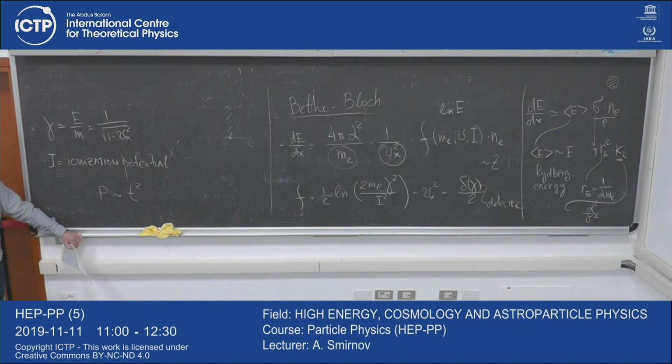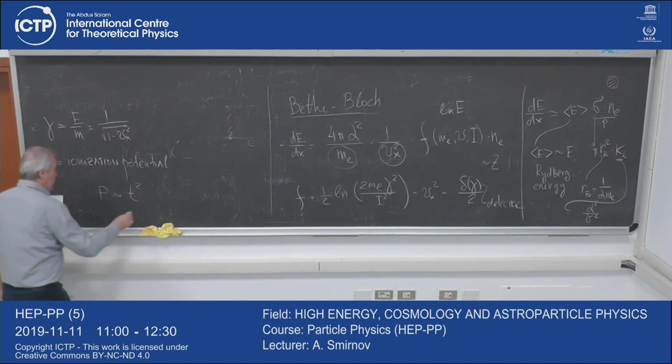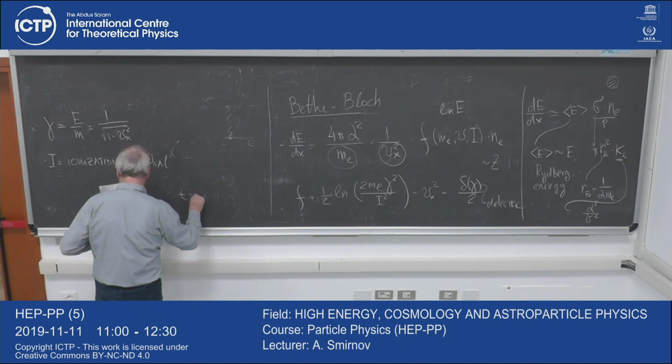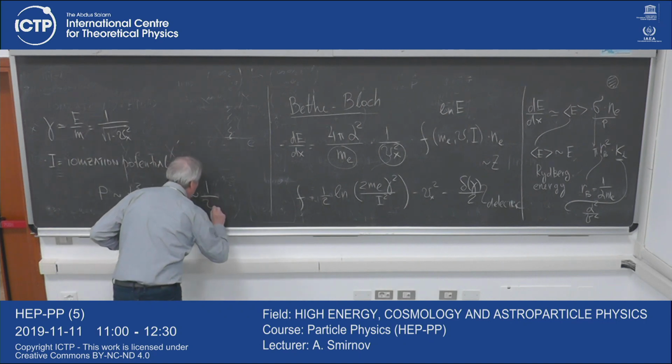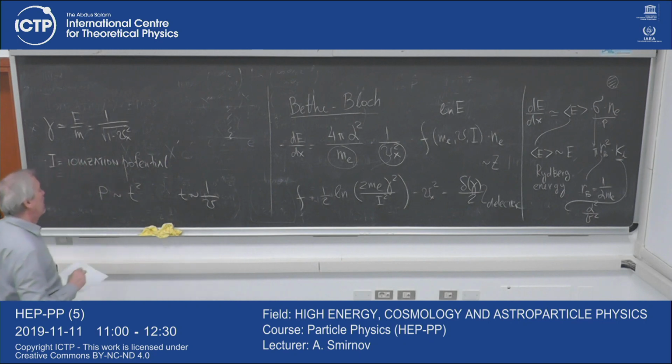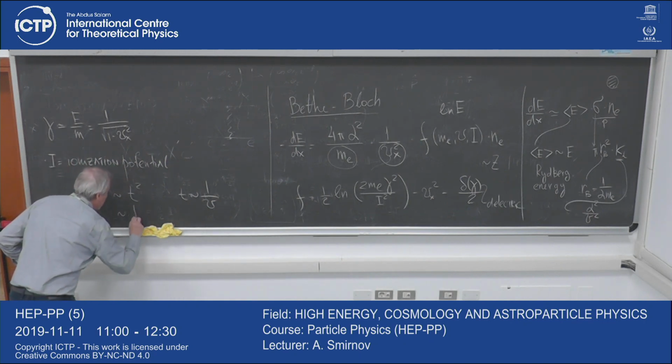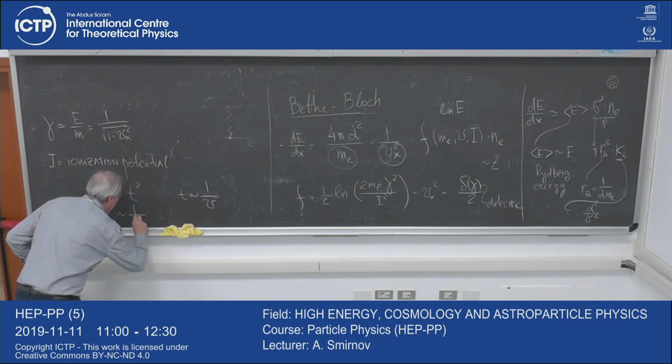Because if it flies slowly, then there is more chance that it will interact with an electron and knock it out. And so this time is inversely proportional to velocity, and therefore the probability is inversely proportional to velocity squared.